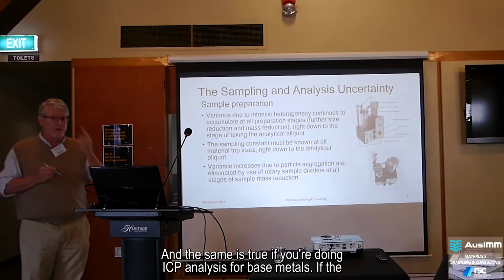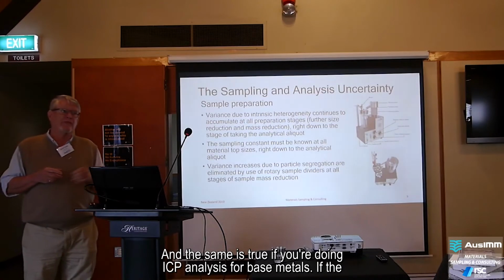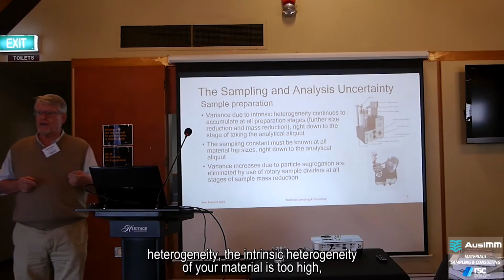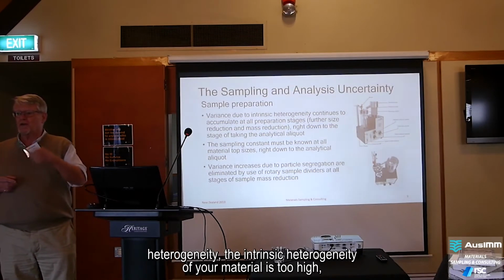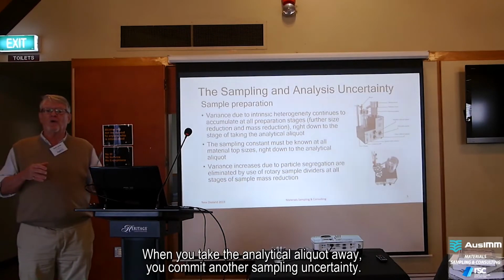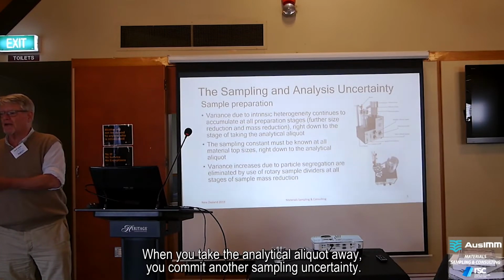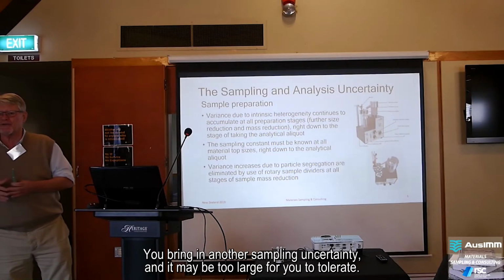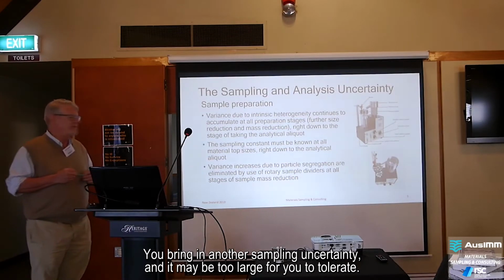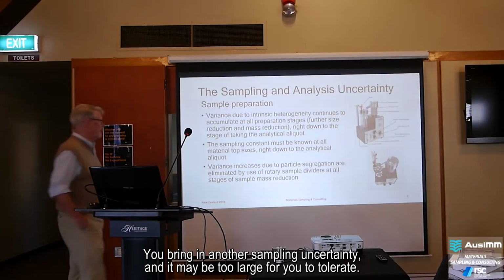And the same is true if you're doing ICP analyses for base metals. If the intrinsic heterogeneity of your material is too high, that is, you haven't ground it fine enough or whatever, when you take the analytical aliquot away, you commit another sampling uncertainty. You bring in another sampling uncertainty, and it may be too large for you to tolerate.